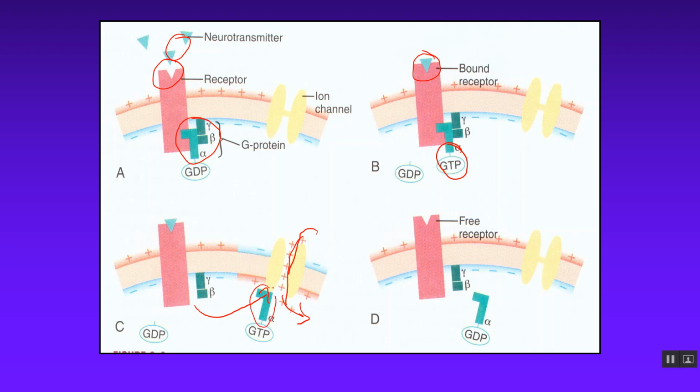However, this alpha subunit may actually stay there for a few minutes. It may bind to that protein channel and open it for several minutes, versus a traditional ligand-gated, neurotransmitter-based protein channel that may only open for a few milliseconds. This G protein mediated pathway actually causes longer acting openings of ion channels.